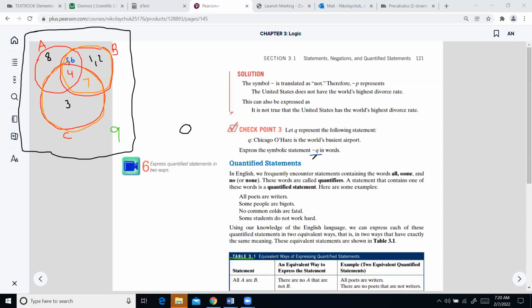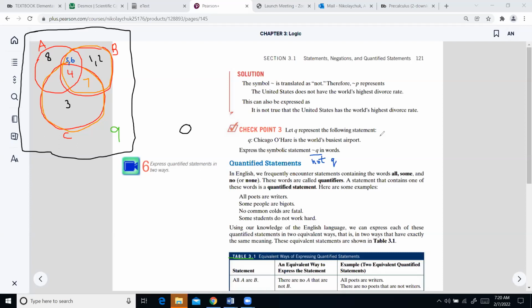So this means not Q. Instead of the word not, they will put this little wiggle. You may say, Alex, what if I don't put that wiggle? What if I just use the word not? Well, that's fine with me, I will understand. But I think it's good that you realize what that means, because when you do homework, you will see this in lots of exercises.